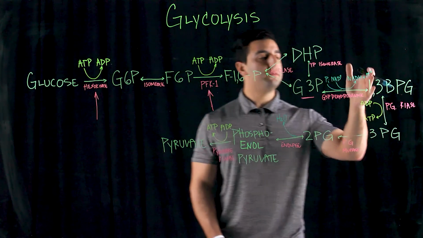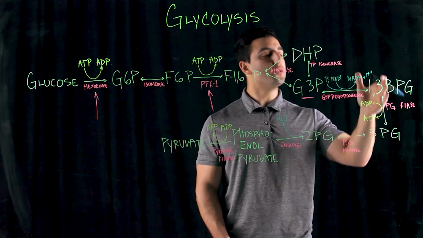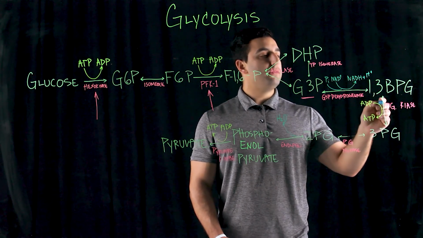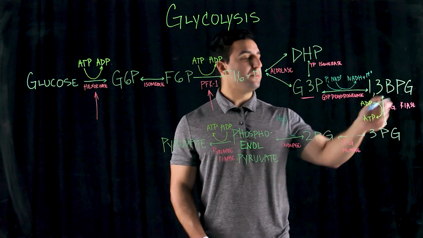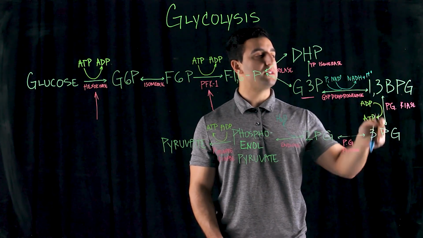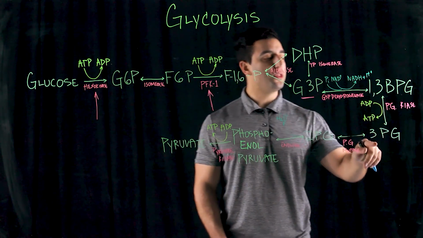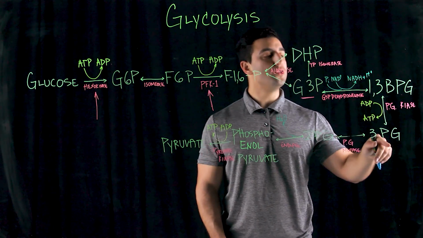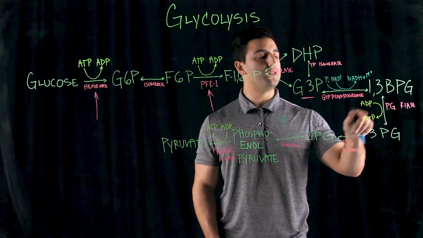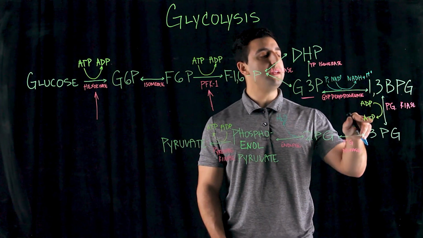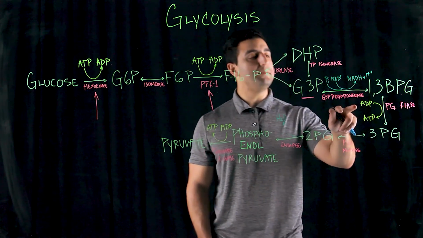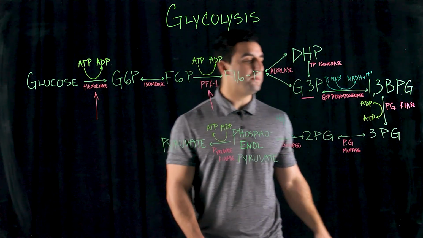For 1,3-bisphosphoglycerate, you have this conversion, again requiring a kinase, phosphoglycerate kinase. This phosphoglycerate kinase converts 1,3-bisphosphoglycerate into 3-phosphoglycerate. You remove one of the phosphate groups, and that removed phosphate group is reattached to ADP, so ADP gets converted into ATP.